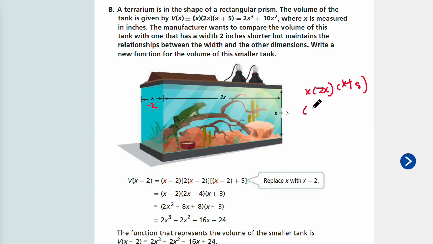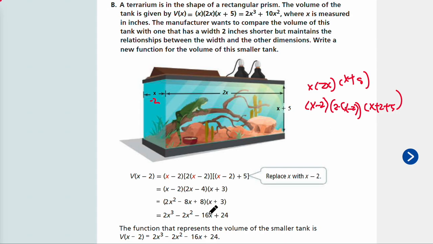So you're just replacing everything by x minus 2: x minus 2 times 2 times x minus 2 times x minus 2 plus 5. Okay, so you're just replacing x with x minus 2. And then you can simplify. The function would be 2x cubed minus 2x squared minus 16x plus 24.